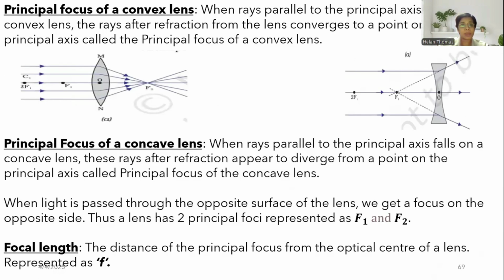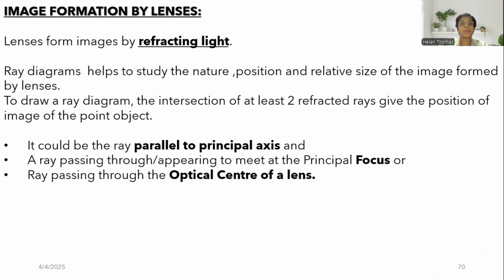Now, image formation by lenses. In mirrors, we saw that it was reflecting the light ray, and that was how the images were formed. When it comes to lenses, the phenomenon that we are observing is the refraction of light.